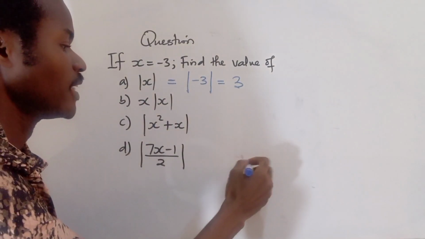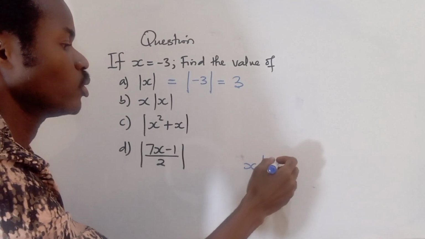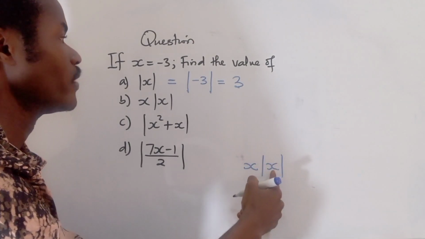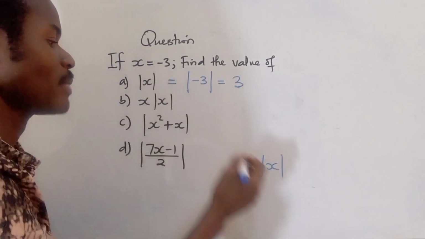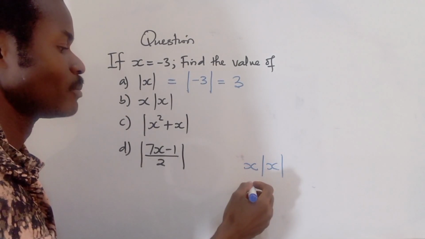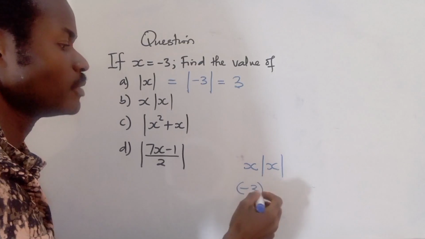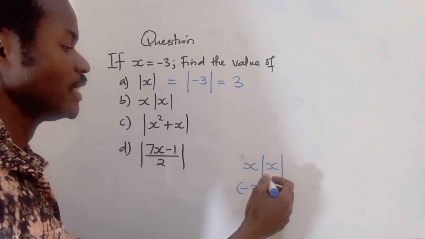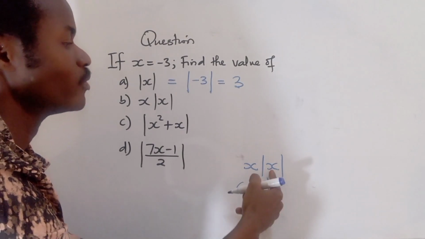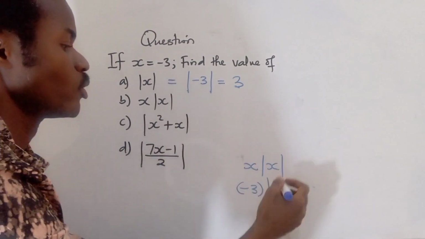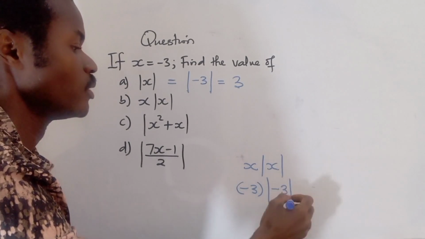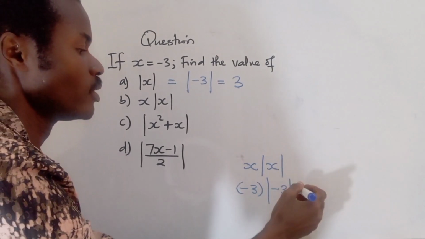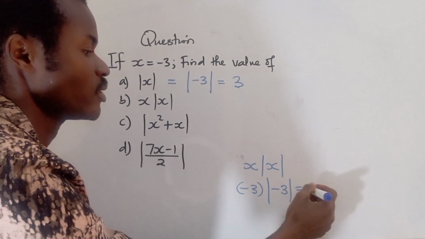What about the second one? We have x times the modulus of x. Remember our x is minus 3, so we have x as minus 3. Now x is multiplying the modulus of x again, which is minus 3.